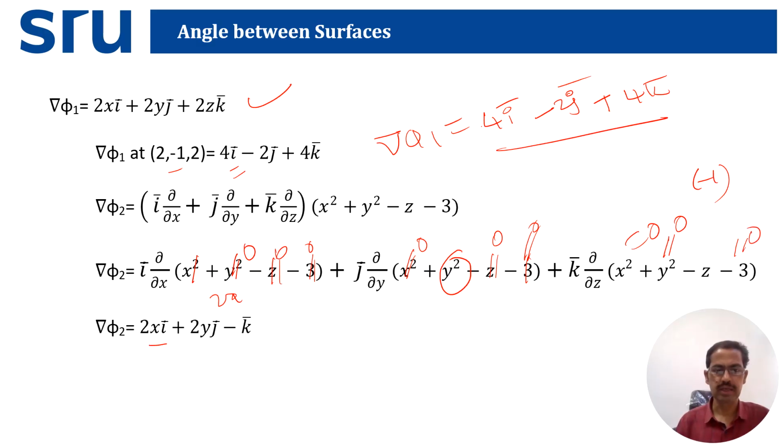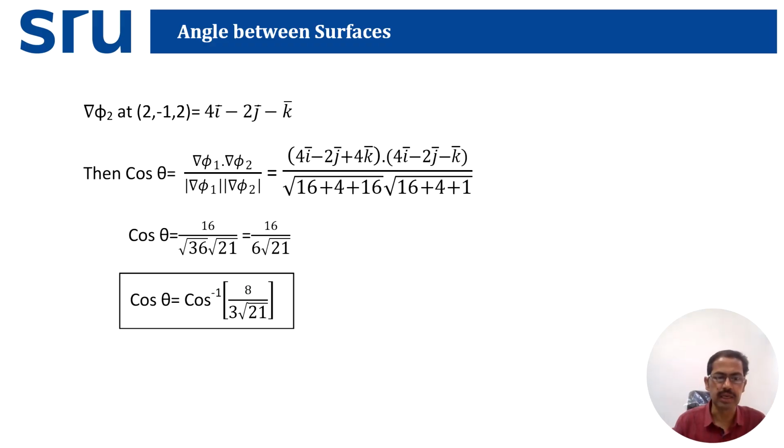So 2x i bar, 2y j bar, minus k bar. This is del phi 2. Now let's calculate del phi 2 at (2, -1, 2): 4 i bar minus 2 j bar and minus k bar.